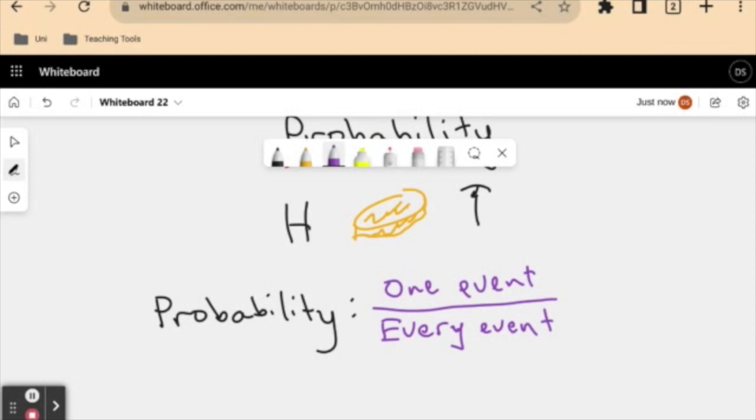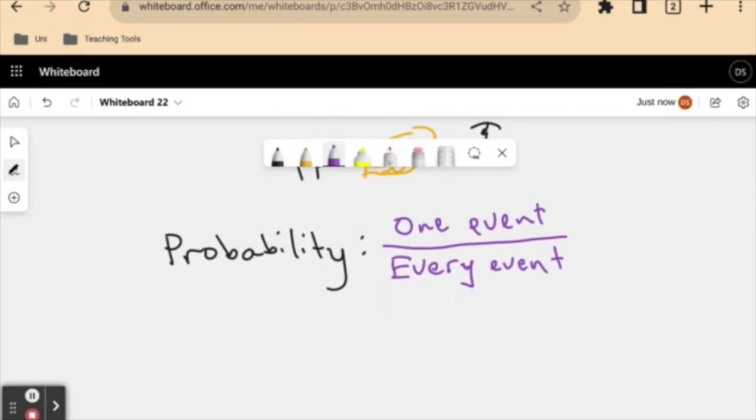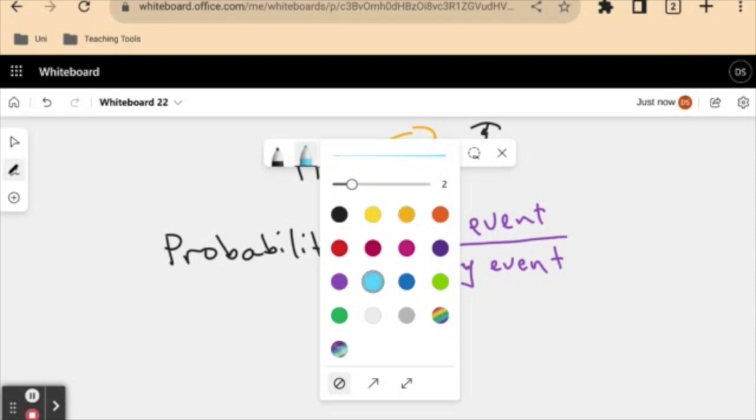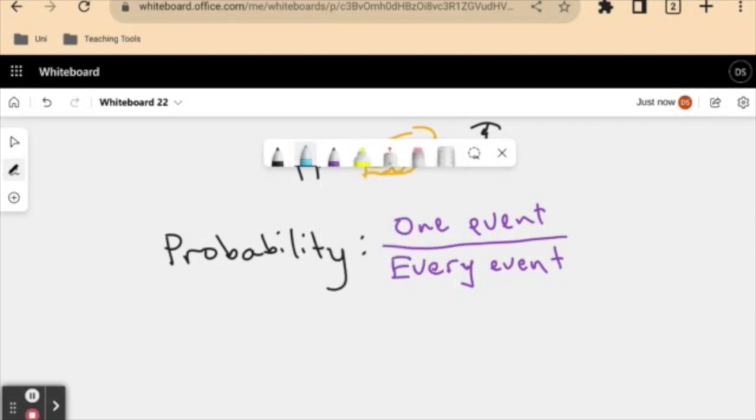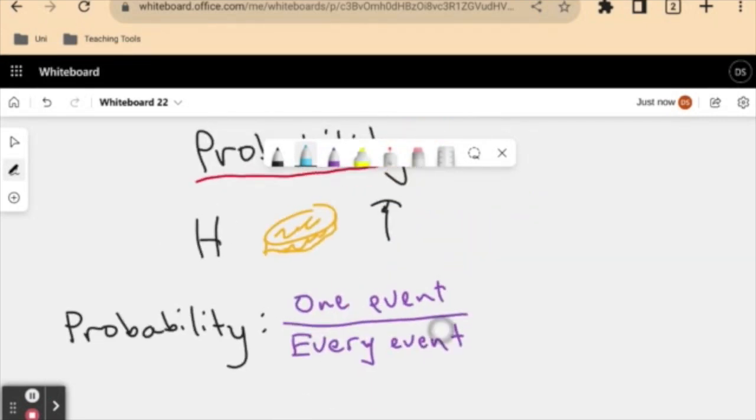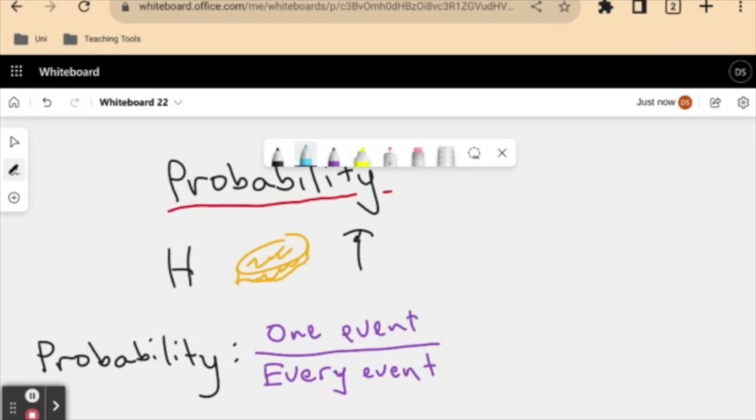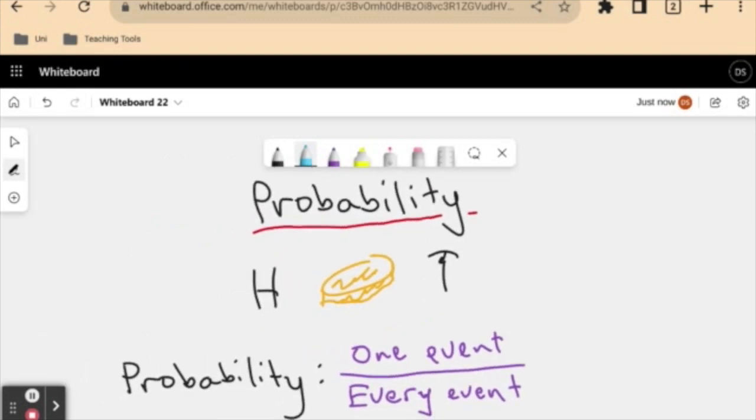Now, in the context of a coin flip, how many different events do we have? We have a heads or a tails. So actually, I'll draw it next to here. Say I got a head. Well, getting a head is one of the events, over all possible events that could happen.